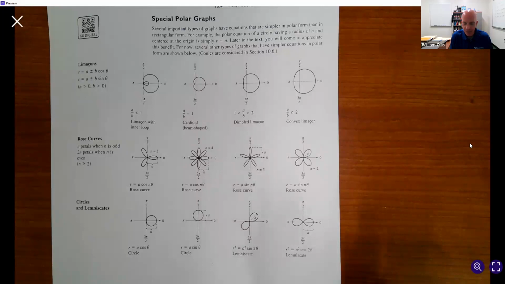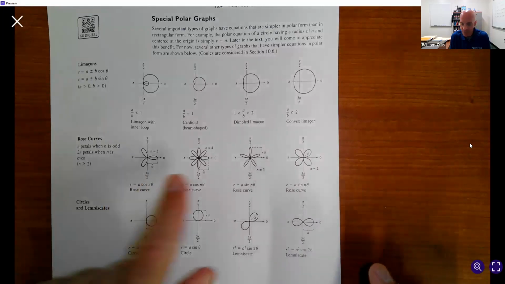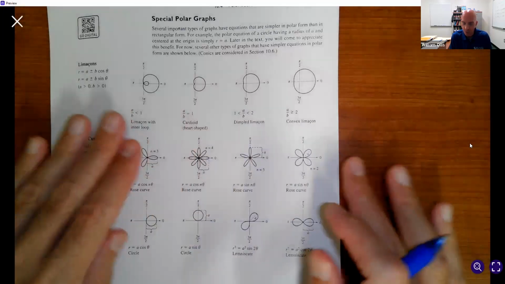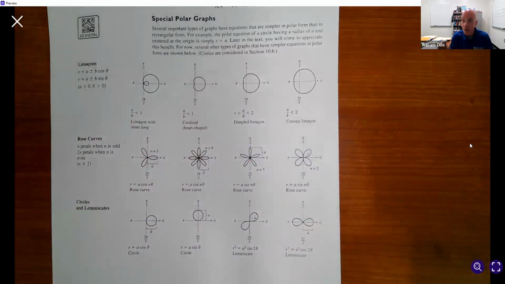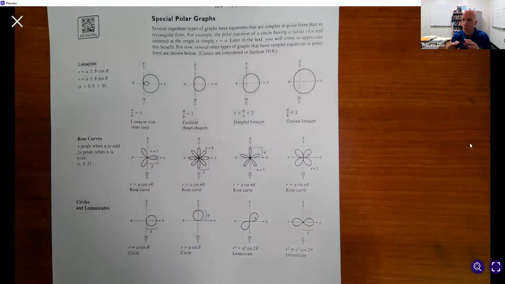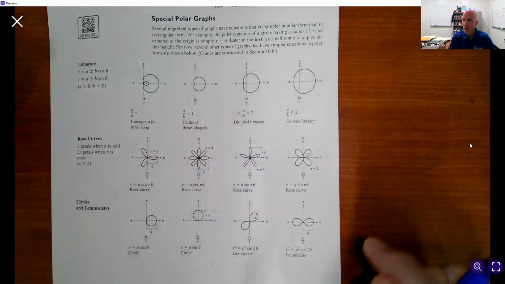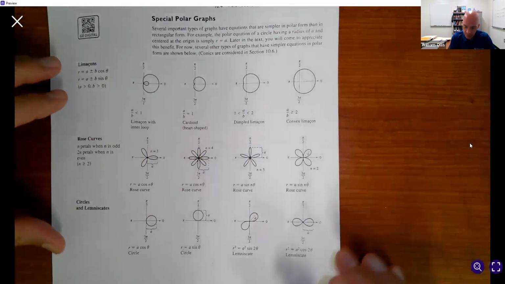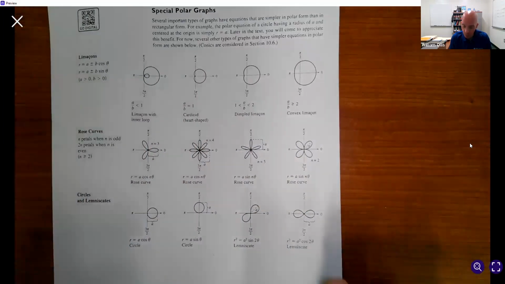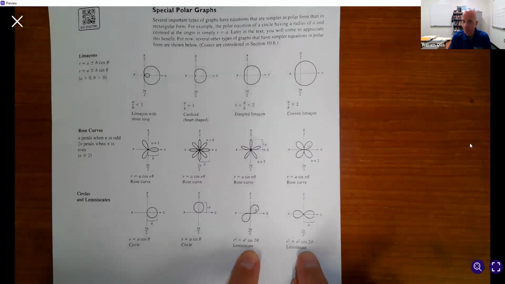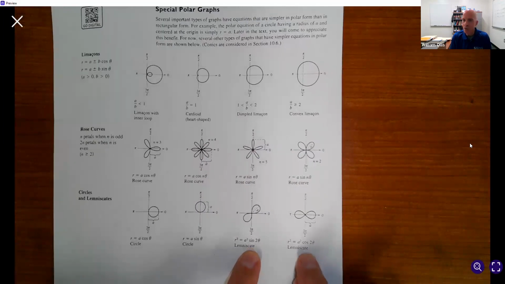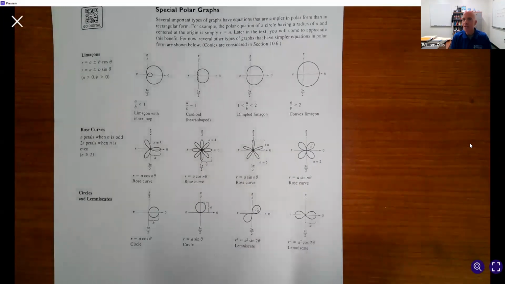I think this chart just simplifies the process of allowing you to refresh yourself with the simple equations and go right to what you know it's going to be and poise your work to support that. Now, one thing that we have here with the circles are the lemniscates, and I'll say something about that. We can still get graphs of these without having to suffer from just plotting points.